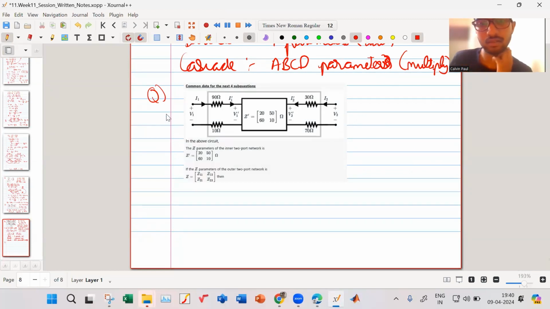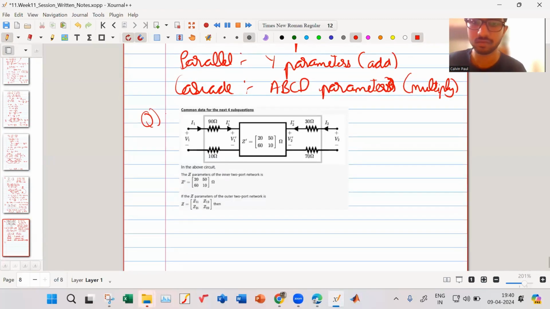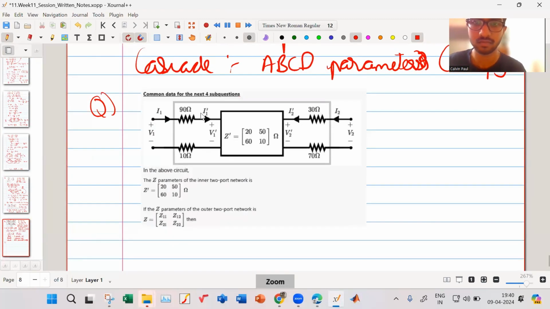So if you look at this, what are they asking? First, we should find the Z parameters for the integrated one, the Z parameters for the overall network. Right. So how will you do this? Can we ignore that middle matrix, find the Z parameters for the outer ones, and then cascade them? No, that is not the way.